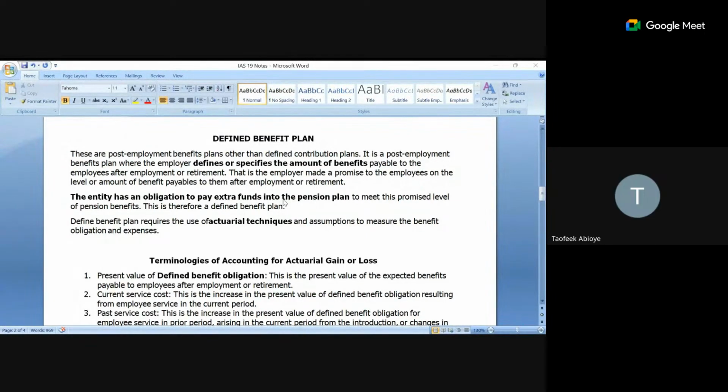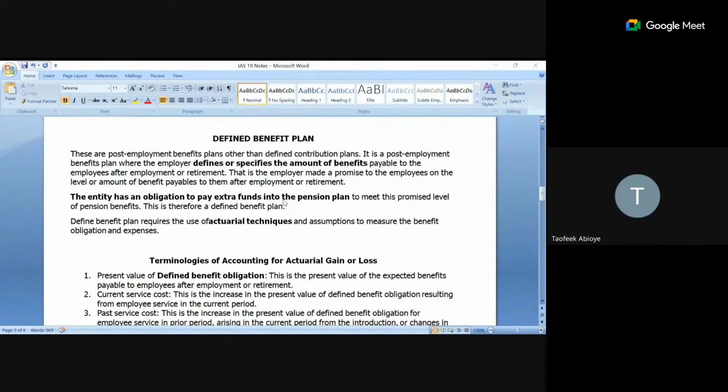Example, you can say, if you can work for me for 30 years, I will give you 30 million naira at the end of your 30 years. You are the one that defines it, right? And at the end of that 30 years, you must pay that 30 million. That is defined benefit plan.